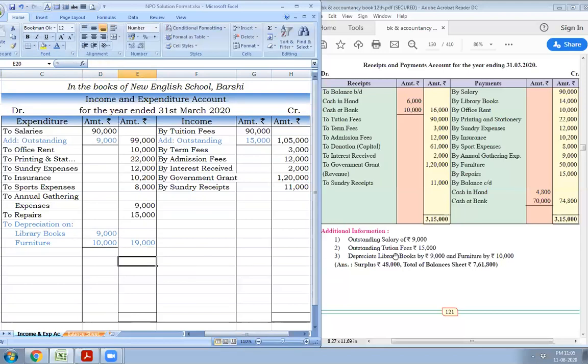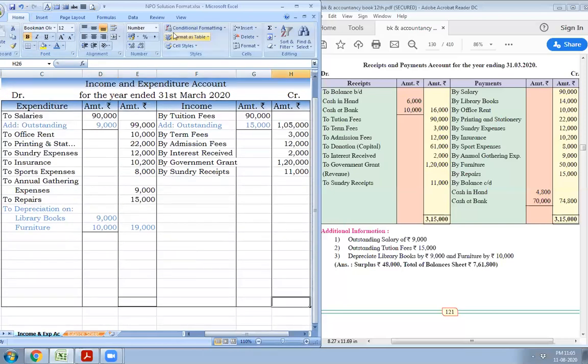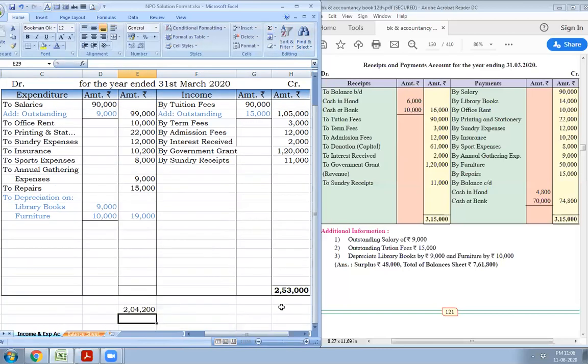Next, finish. Let us calculate whether the business is in surplus or in deficit. Credit side total is 2,53,000 and debit side total is 2,04,200.